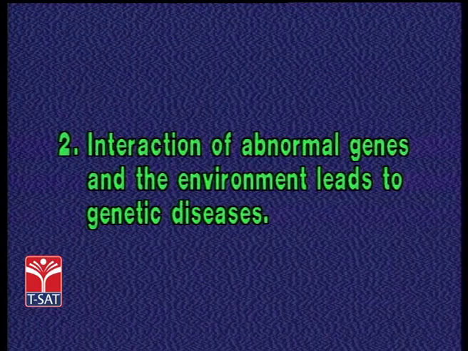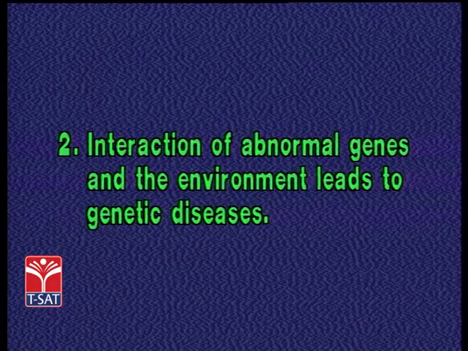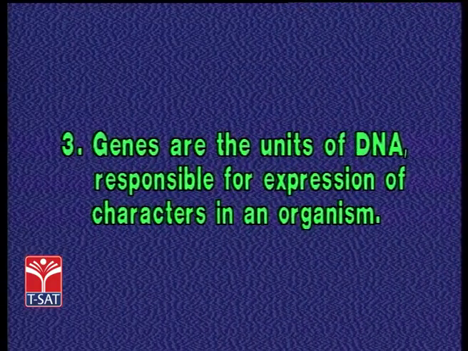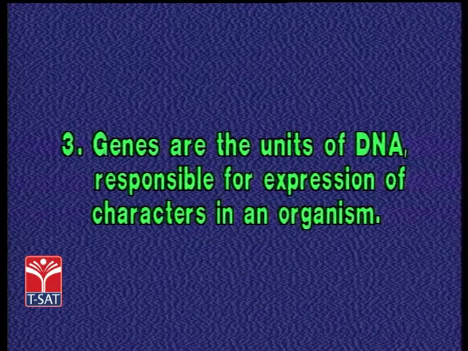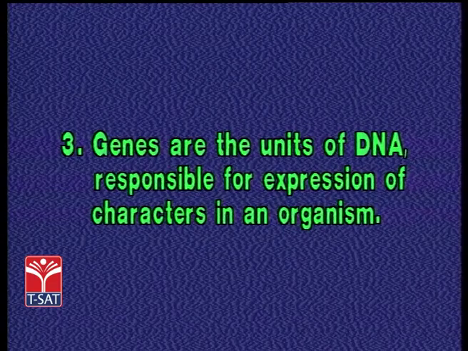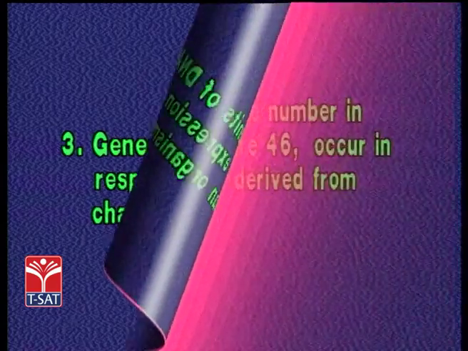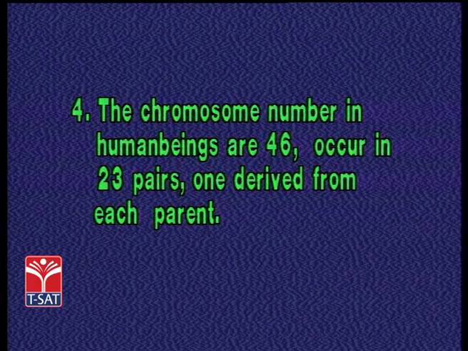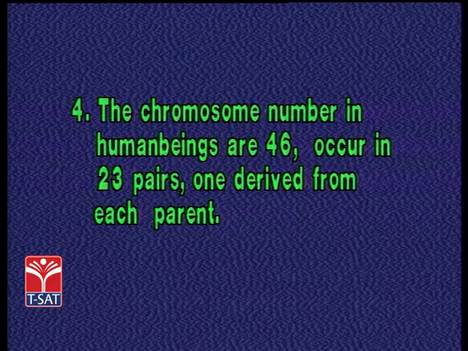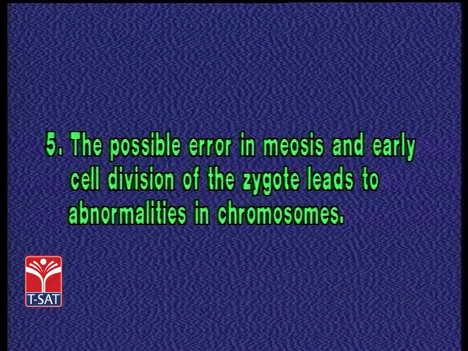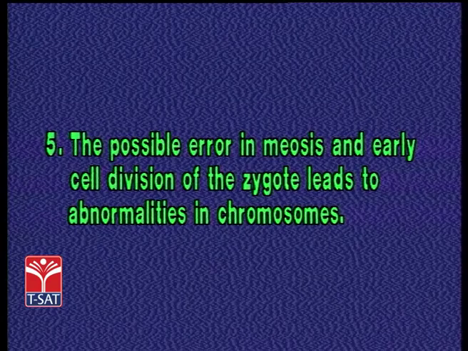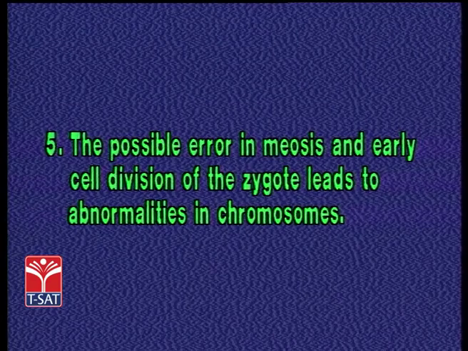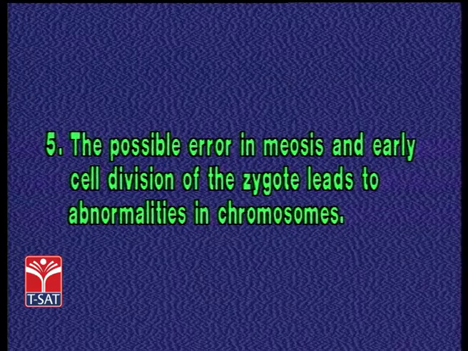Number 2, the interaction of abnormal genes and the environment leads to genetic diseases. Number 3, genes are the units of DNA responsible for expression of characters in an organism. Number 4, the chromosome number in human beings of 46 occur in 23 pairs, one derived from each parent. Number 5, the possible error in meiosis and early cell division of the zygote leads to abnormalities in chromosomes.